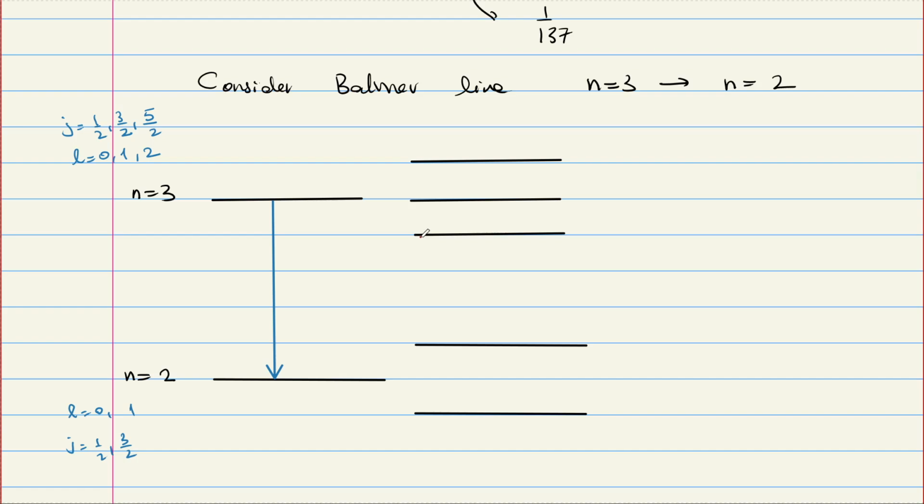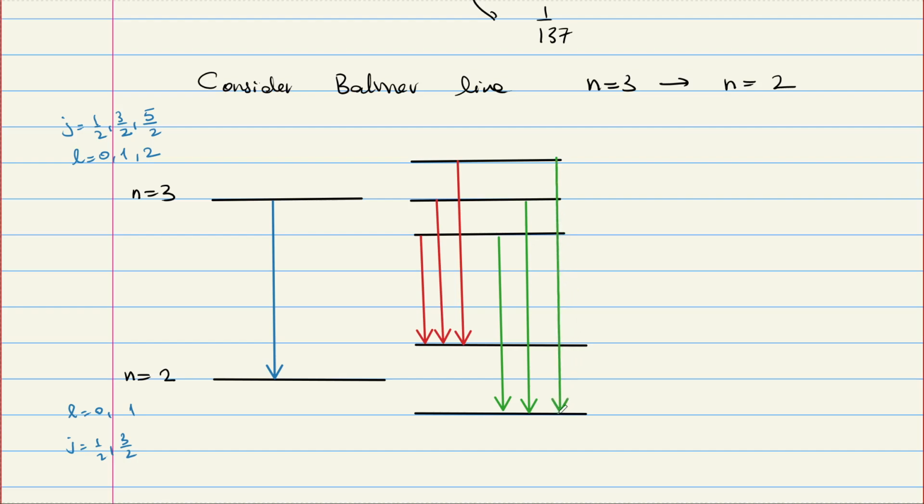You can come from here, here, or here, right? 3 lines to this transition, or you can come to here, here, and here. So this single expected line splits into 1, 2, 3, 4, 5, 6 lines due to spin orbit coupling.